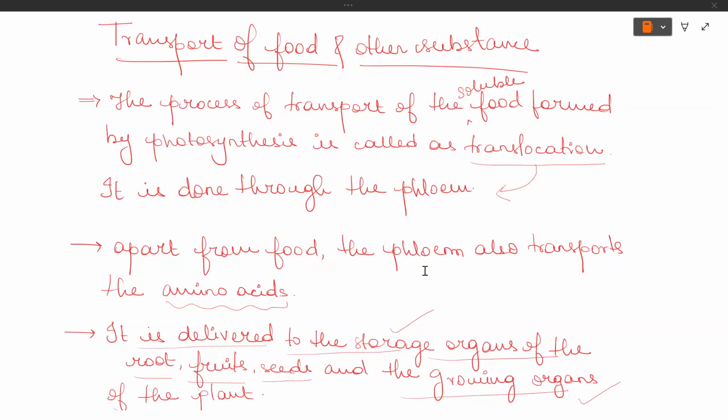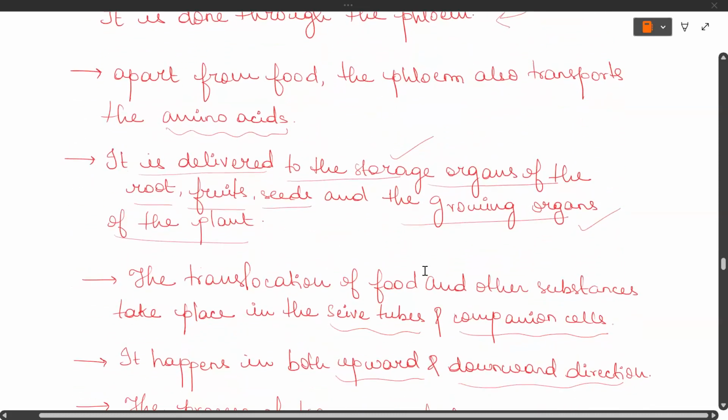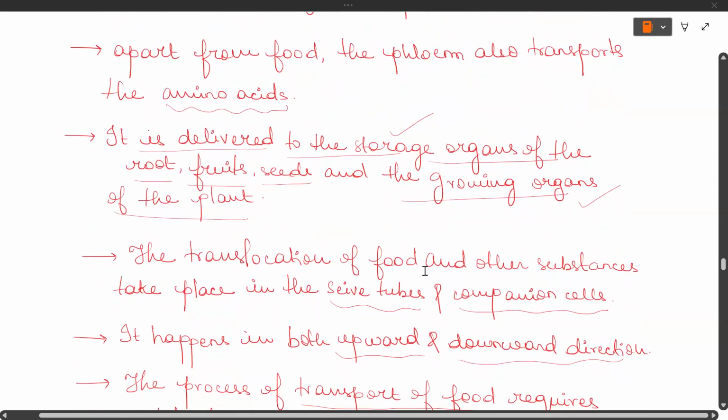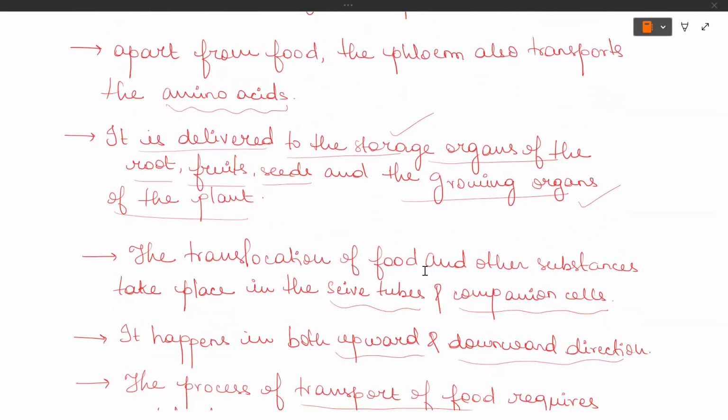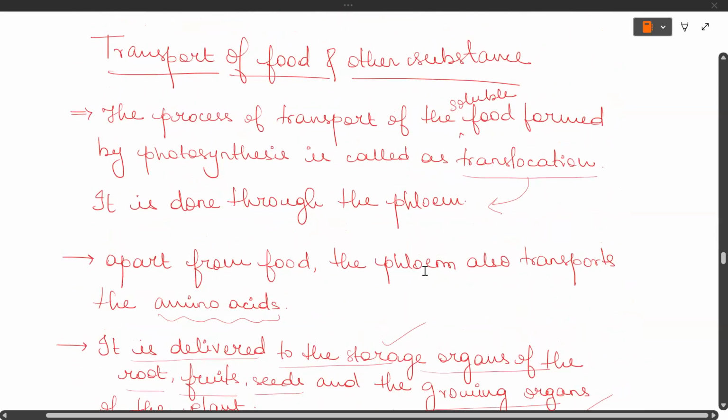Okay, you have a doubt in floral reproduction. This chapter will probably end today, and we'll start the new chapter from the next class. Ma'am, can you just go up for 1 minute?